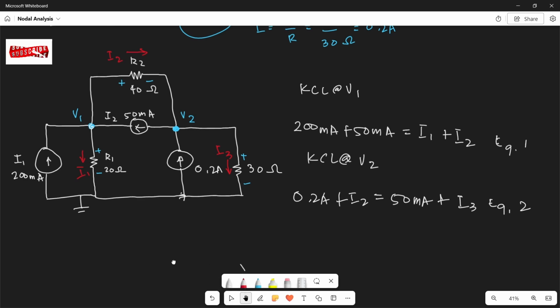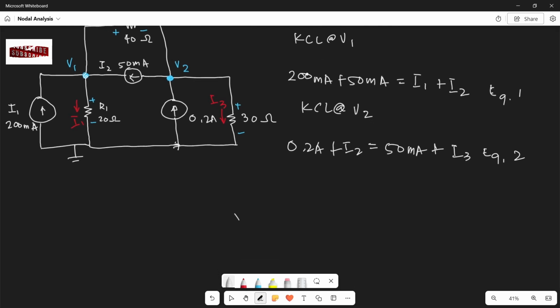Simplify these two equations. If we simplify equation 1, this will be 250 milliamperes is equal to I1 plus I2.